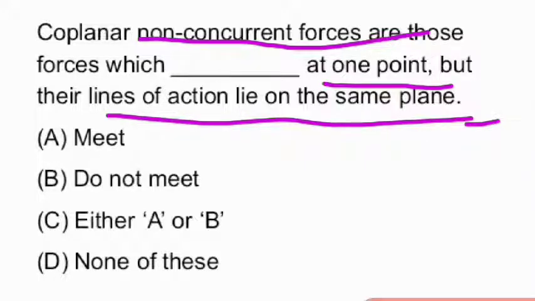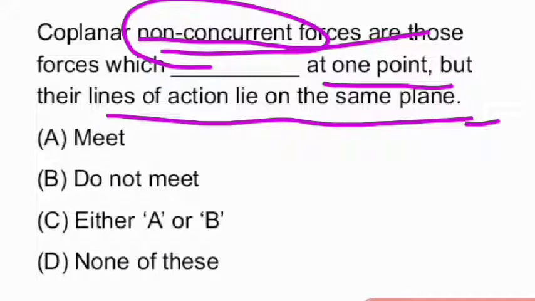Concurrent means they meet at a single point. Here it is mentioned as non-concurrent, so they do not meet at a single point. So coplanar non-concurrent forces means the lines of action of all the forces lie in the same plane, but they do not meet at a single point.